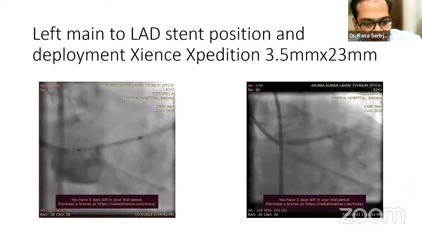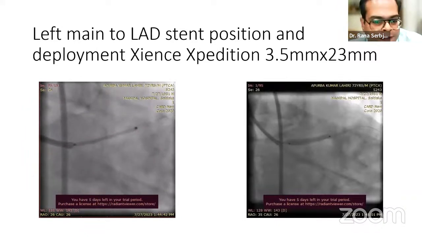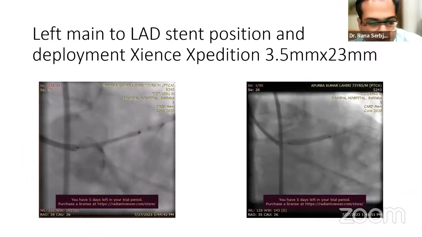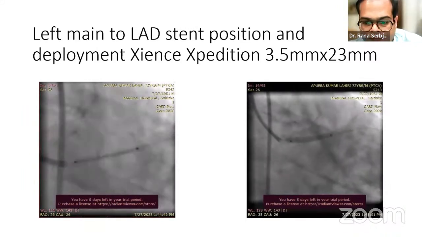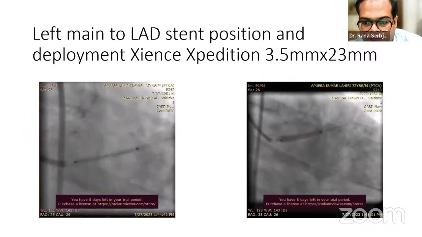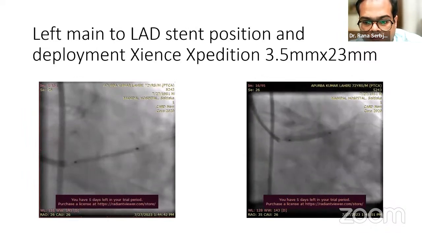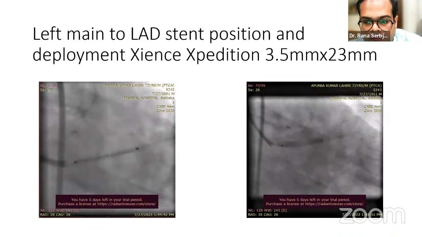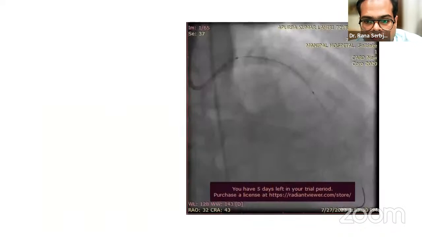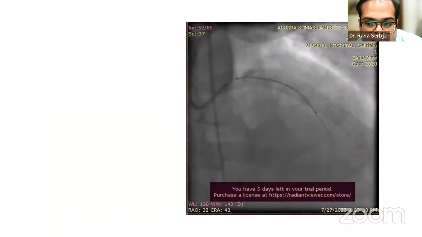The NC of the L6 stent is not seen here, but then this was the LAD to left main stenting, which was done. The OCT run was done again.